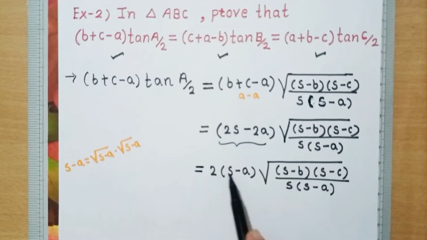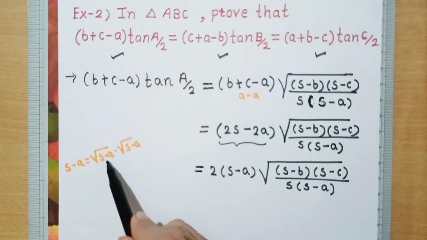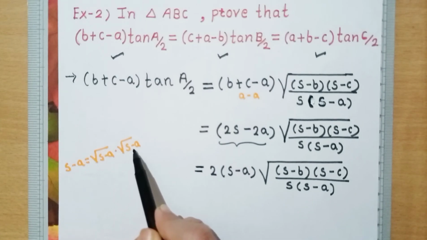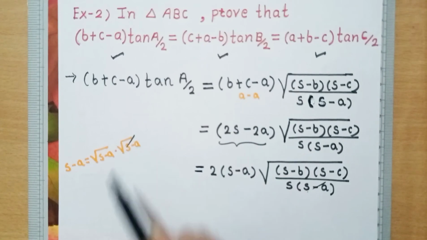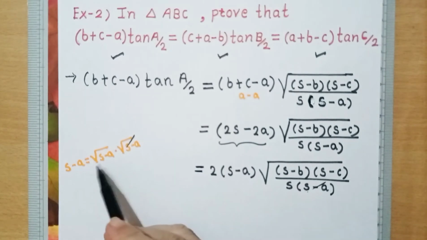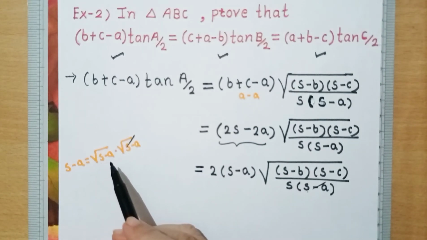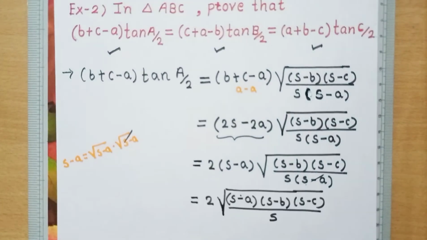Now check here, S minus A means root S minus A into root S minus A. So this denominator and this one get cancelled. So only root S minus A remains. We will shift this in the root symbol. So we have 2 square root S minus A, S minus B, S minus C upon S. Say this is the first one.